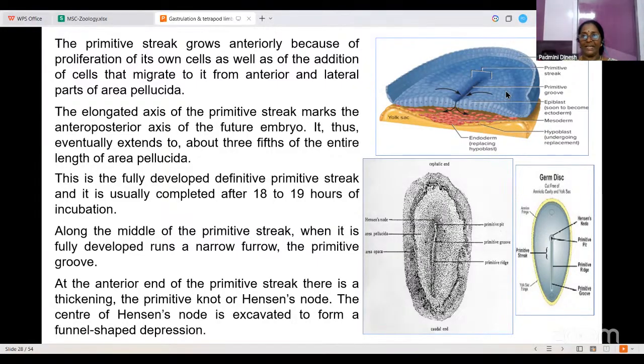What's happening is the cells from either side start to move inside this primitive streak. The primitive streak is going to form a groove over there. Now this groove is the place where the cells are going to start to slowly come inside.